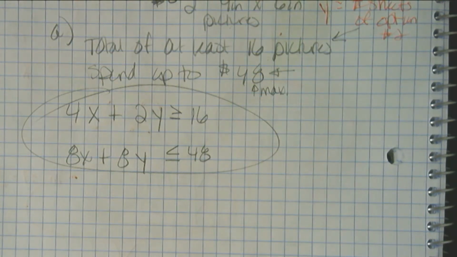Is there an exact x or an exact y for these? No, it's a range of possibilities. So the only way you solve a linear inequality or a system of linear inequalities is by graphing, because there's a whole variety of possible solutions. Okay, it's a good question. Graphing is the only way.